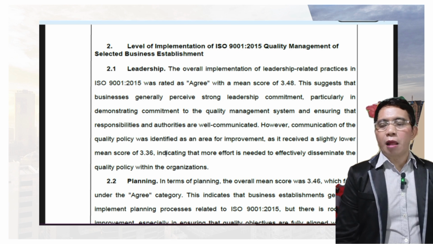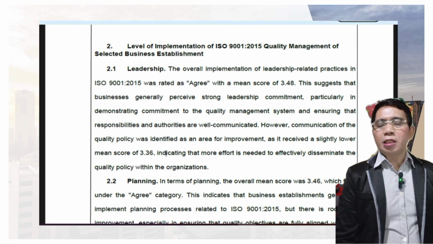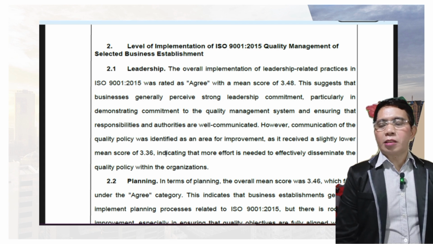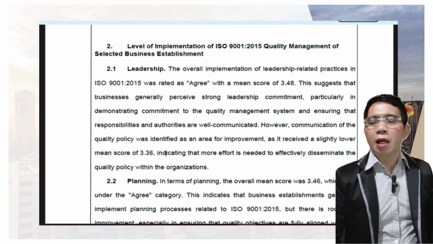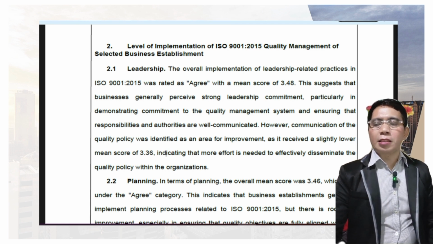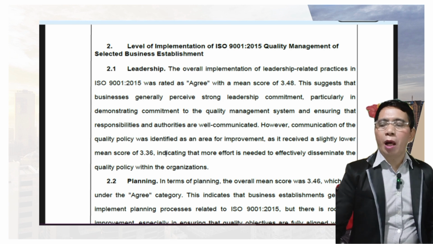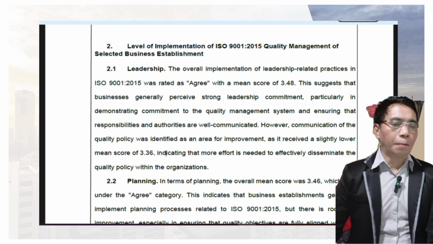It says the level of implementation of ISO 9000:2015 on quality management in selected business establishments. This is then followed by subcomponents in the survey such as 2.1 leadership and 2.2 planning.